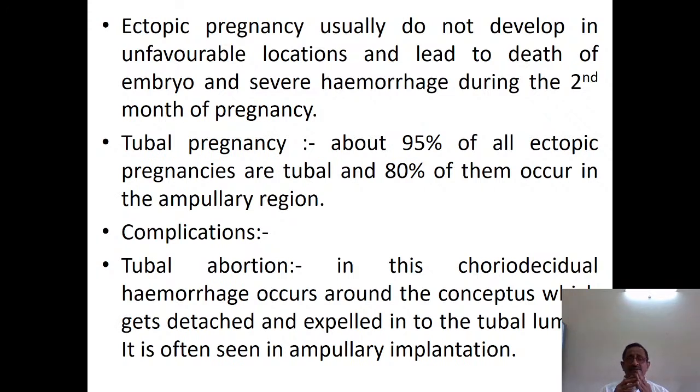There it dies and abortion can occur. In tubal abortion, choriodecidual hemorrhage occurs around the conceptus, which gets detached and expelled into the tubal lumen. It is often seen in ampullary implantation. So in ampullary implantation, tubal abortion can occur because of the death of the conceptus and hemorrhage.